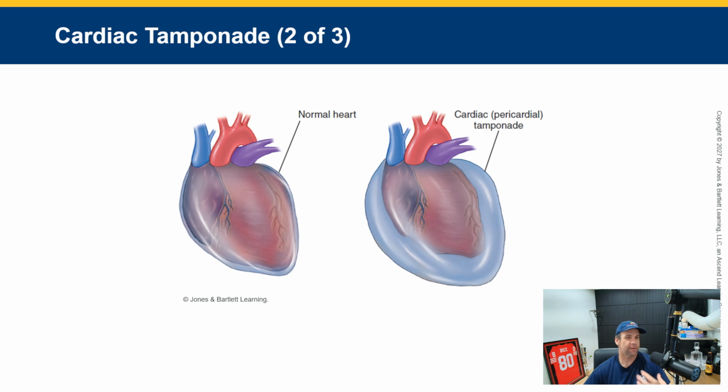Fluid that accumulates more slowly, over weeks or months, can be tolerated a little bit longer. So it doesn't turn into an immediate life threat, but it is a recognizable threat.